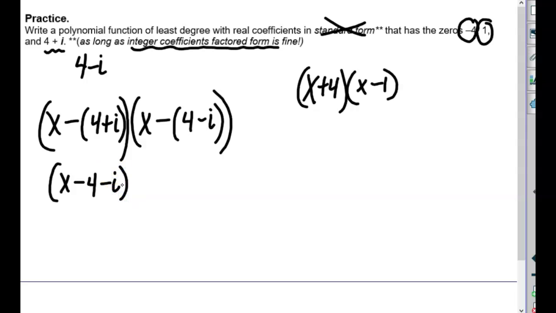Everybody okay? Distribute this and we get what? X minus 4 plus i. Okay. Start FOILing that mess together.